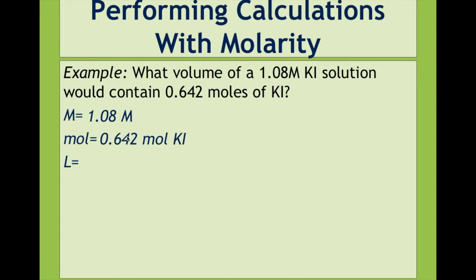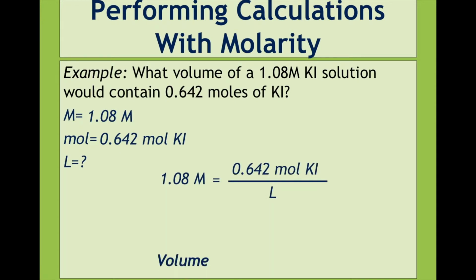So we have molarity and we have moles. We just need to find out the volume. So we plug in our variables, and then we need to do simple algebra. You would multiply liters on both sides, and then divide, or just switch, and then you would have your answer.